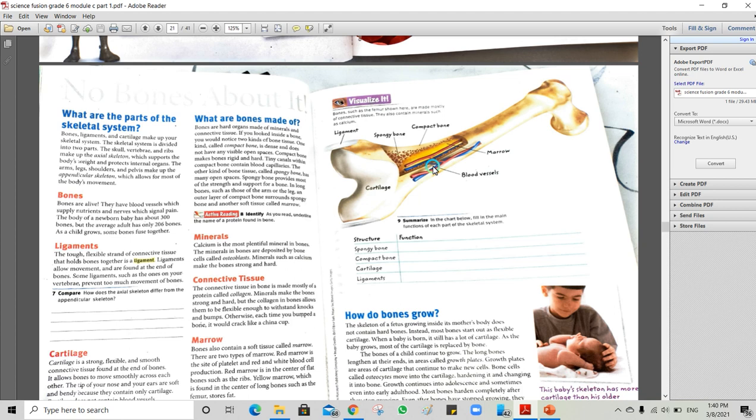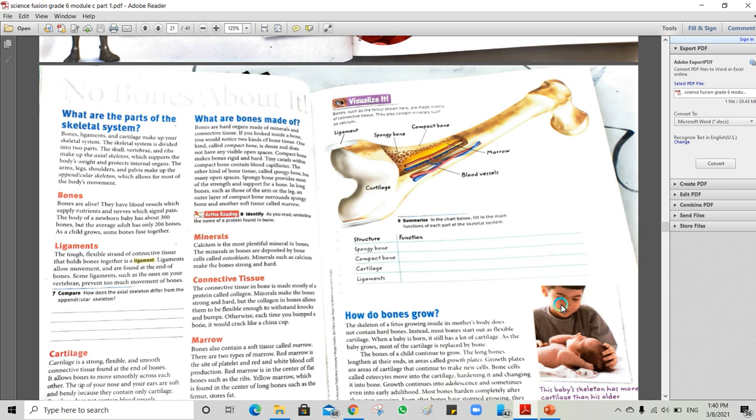Another important thing that you have to know is the number of bones in the newborn. What is a newborn, teacher? It is the baby. See? This baby. The number of bones here is 300.